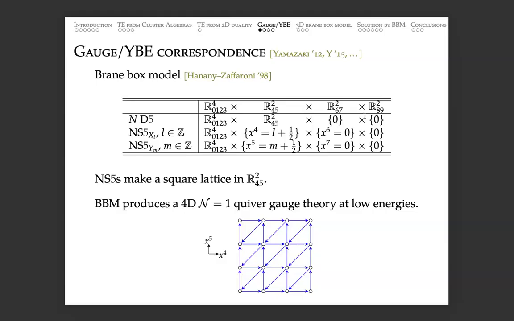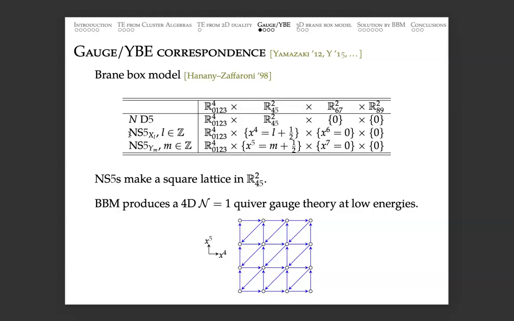Okay. And to this configuration of D5 branes, I furthermore introduce NS5 branes. There are two different kinds of NS5 branes, differing in the directions in which they extend.